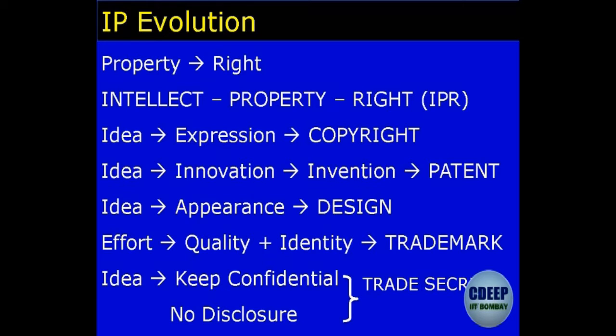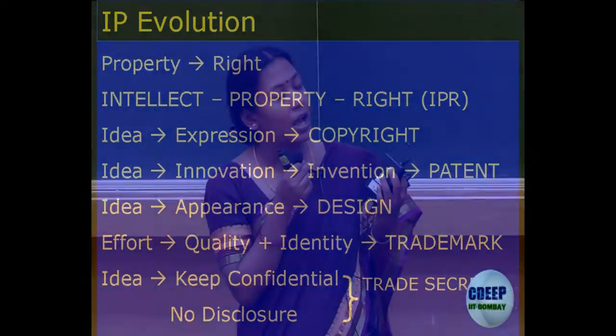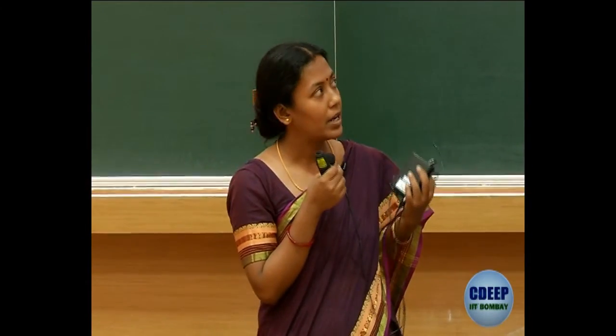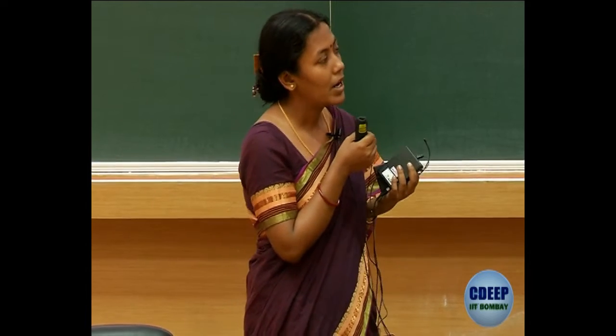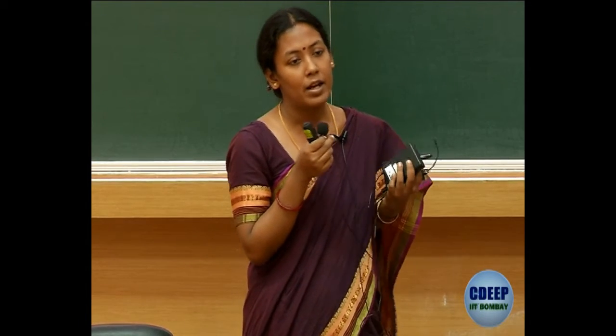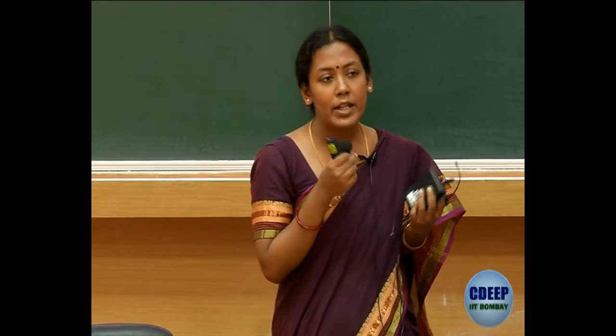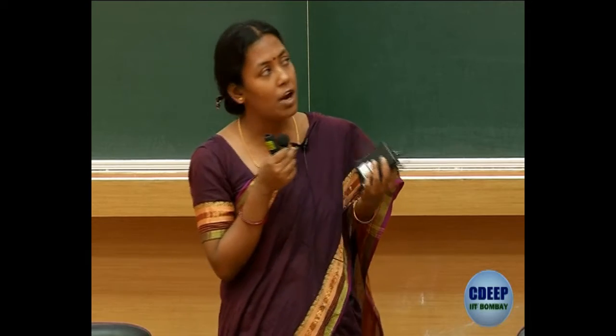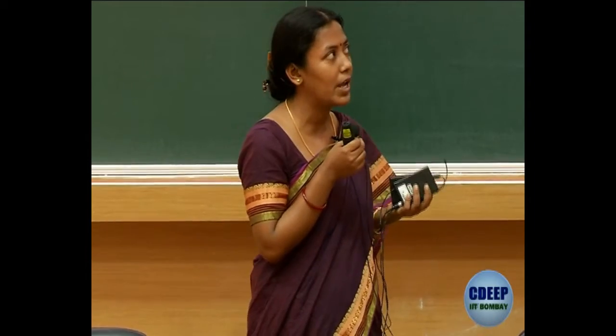And if I make some effort to establish some distinguishable, identifiable quality of my product or my brand, it can be protected by trademark. And if I have something that does not have that much uniqueness or novelty, but is very useful for my further R&D work or my institution, then that can also be protected by simply keeping it confidential.